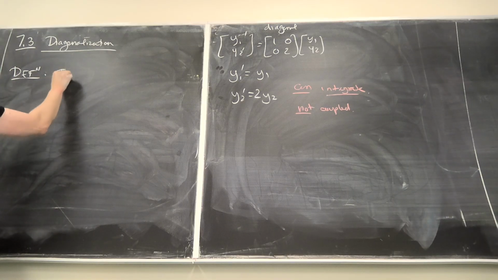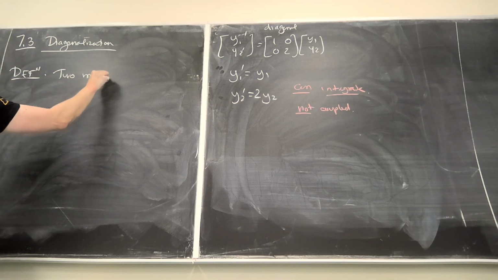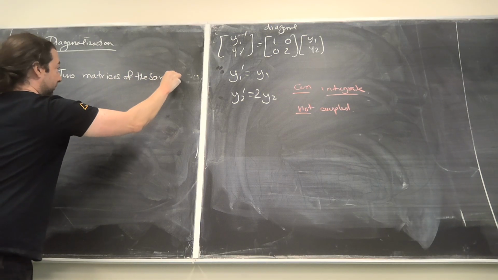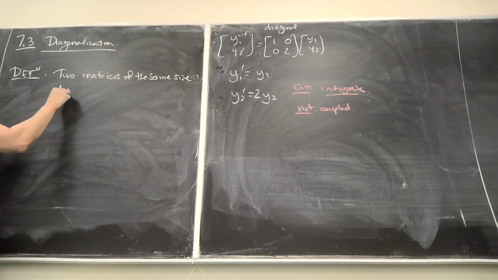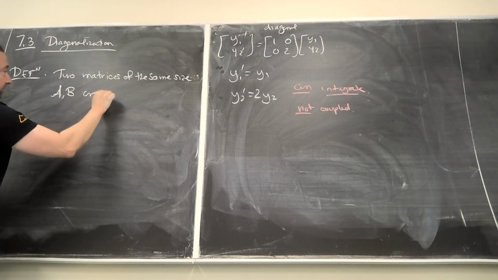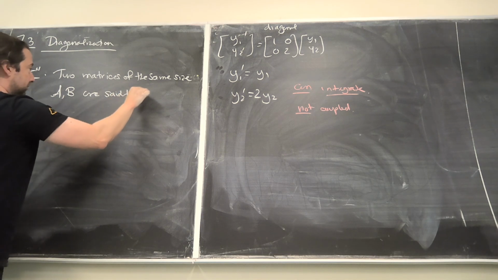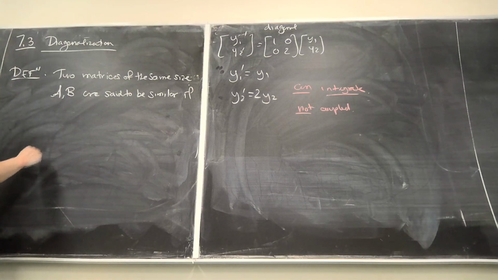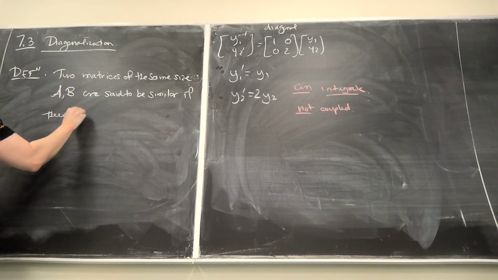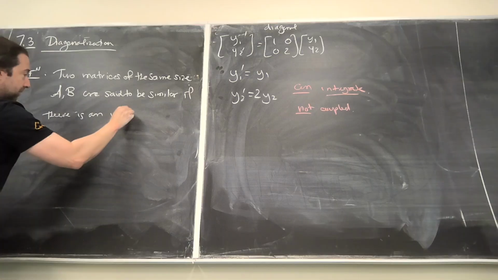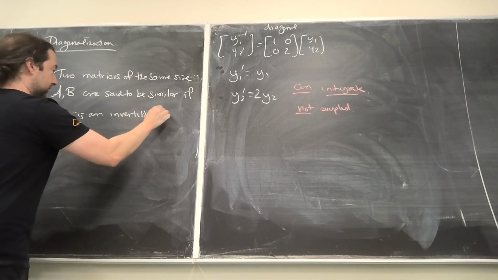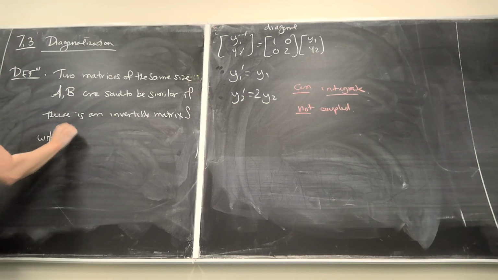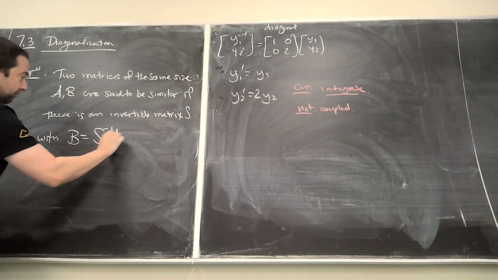So two matrices of the same size, A and B, are said to be similar if there is an invertible matrix S with B equal to S inverse AS.